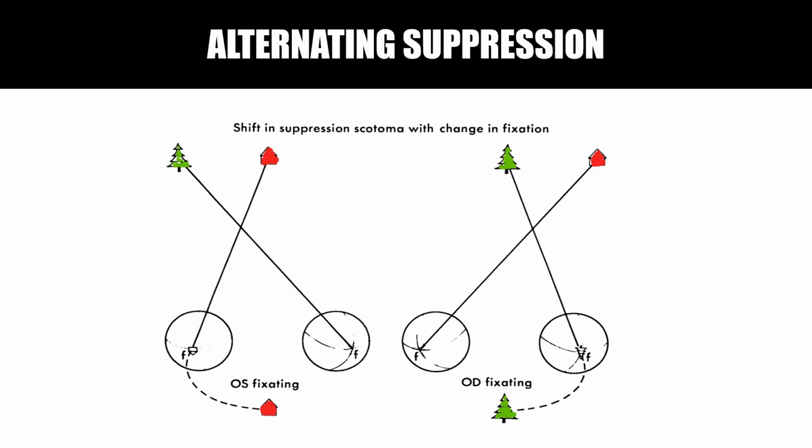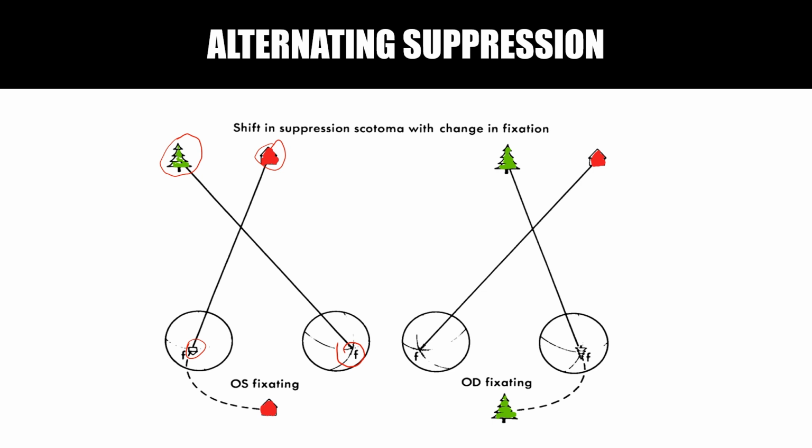Okay, so as you can see over here, this is an example of alternating suppression. You can see that the fovea of the left eye is fixating on the hut, and the fovea of the right eye is fixating on the tree, right? Now, if both of them were acting together, there would be confusion.